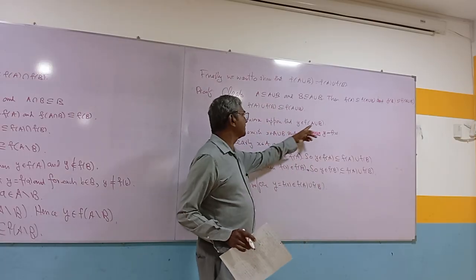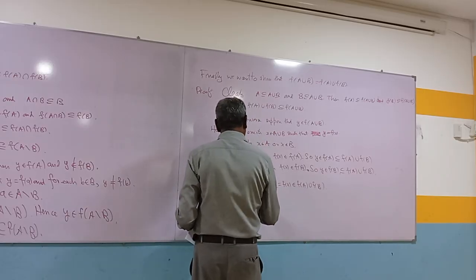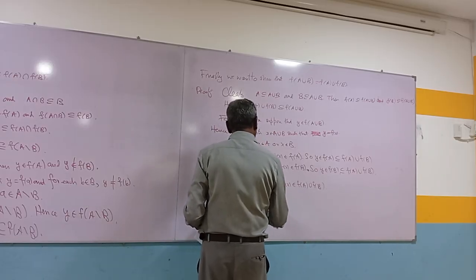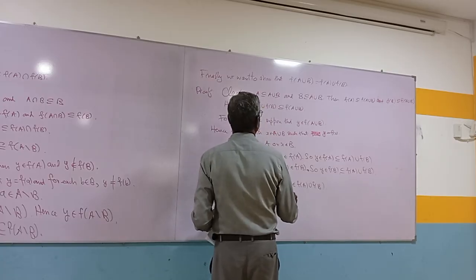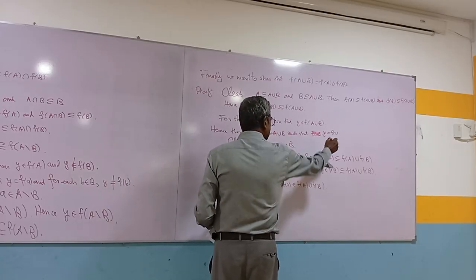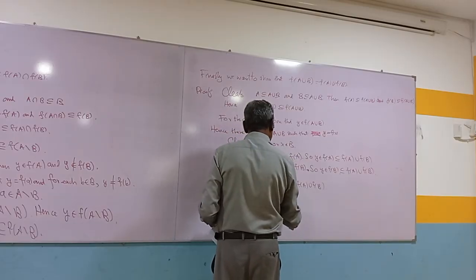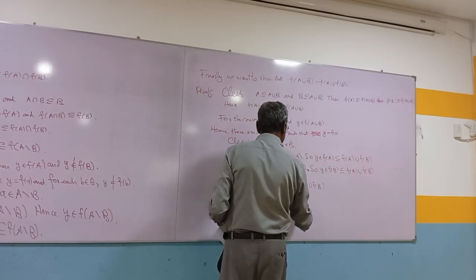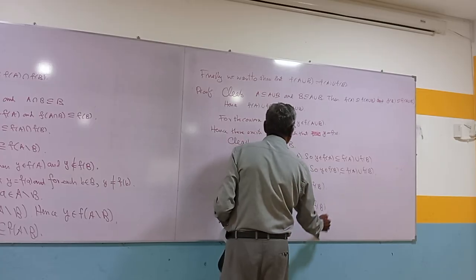I took y belongs to f(A union B). I am saying y belongs to f(A) union f(B). Hence, f(A union B) is a subset of f(A) union f(B).